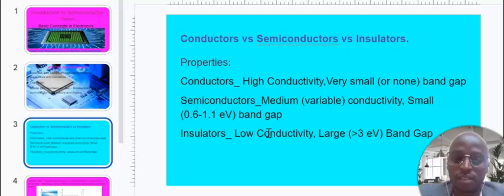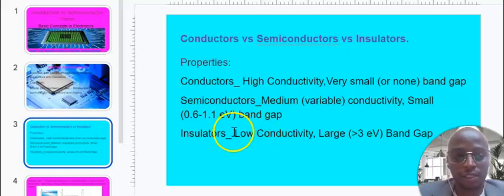If our material is germanium, then the band gap will take 0.6 electron volt to bridge, while for silicon semiconductor material, the band gap will take approximately 1.1 electron volt. Insulators have the highest band gap, with more than 3 electron volt.